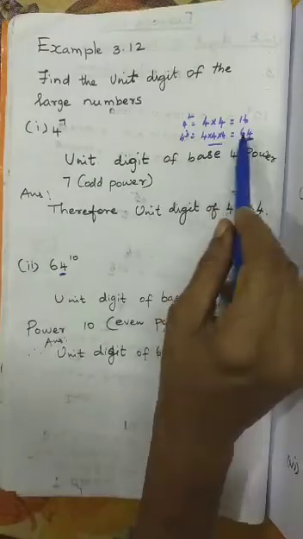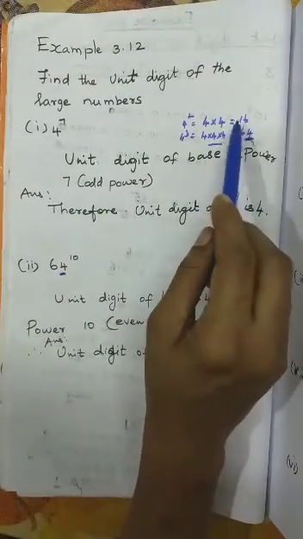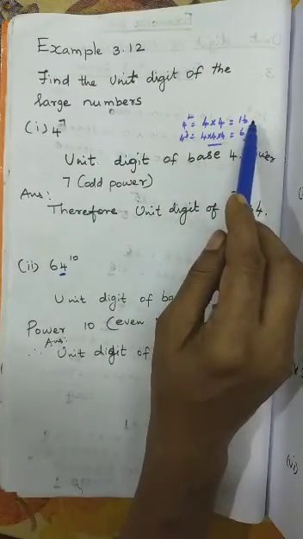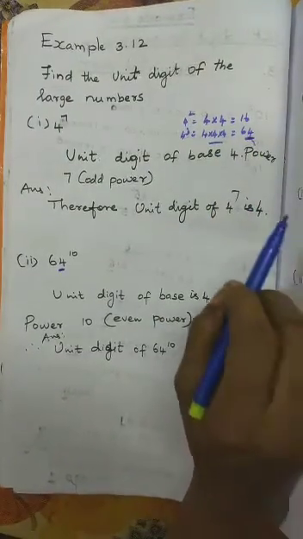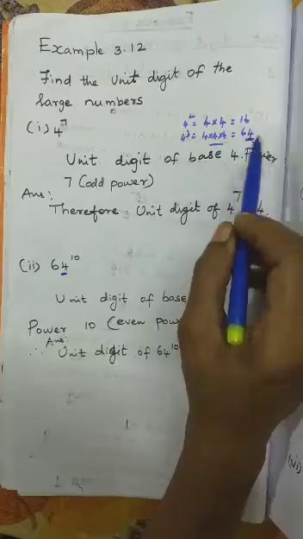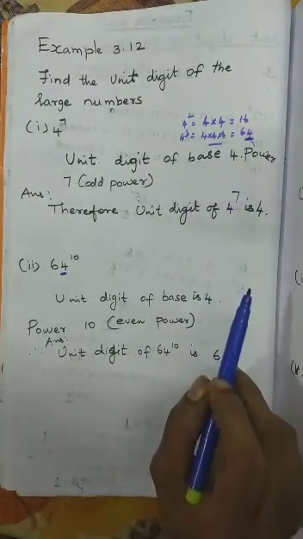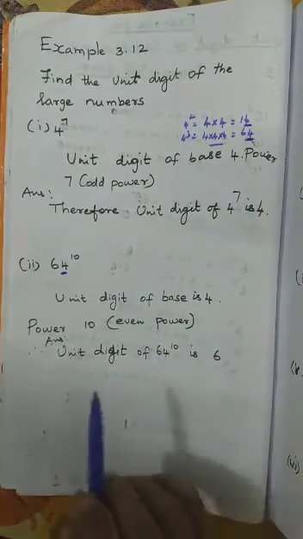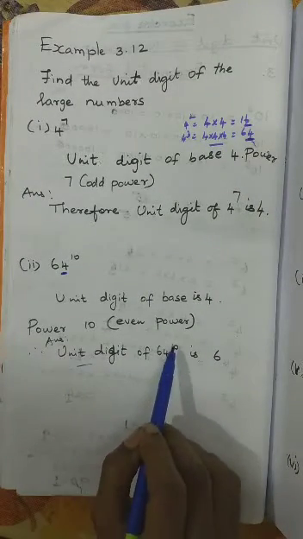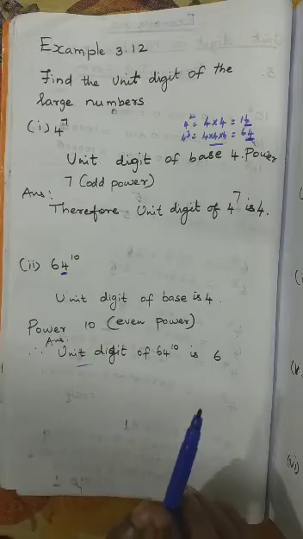So 4 4s are 16. 16 4s are 64. 64 4s are 256. So the even powers all have the units place as 6. So the unit place of 64 power 10 is 6.